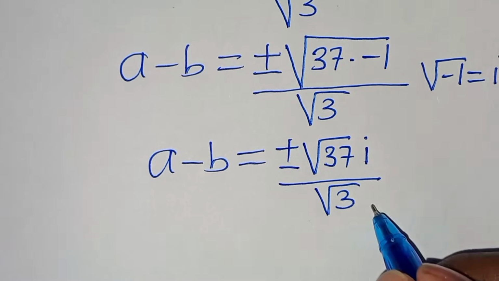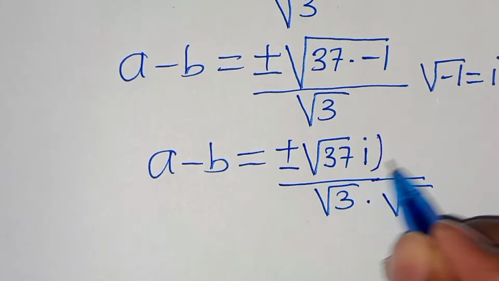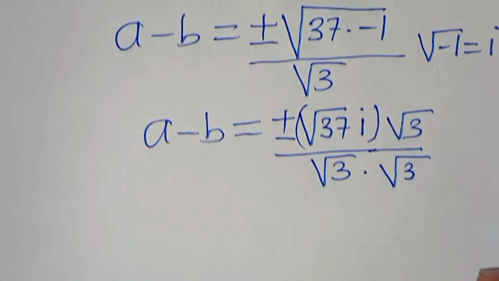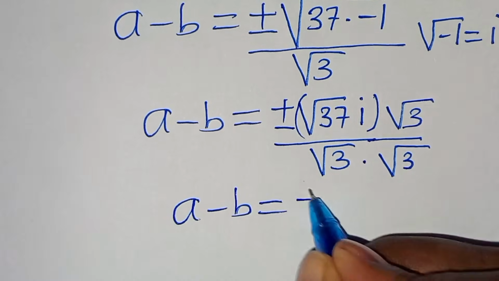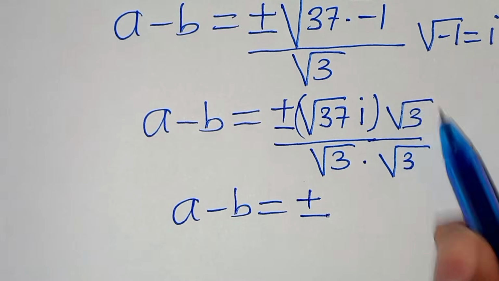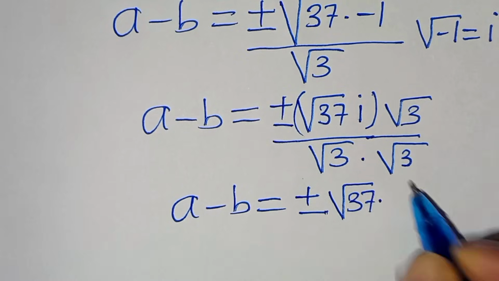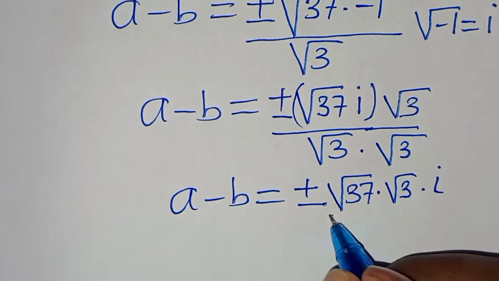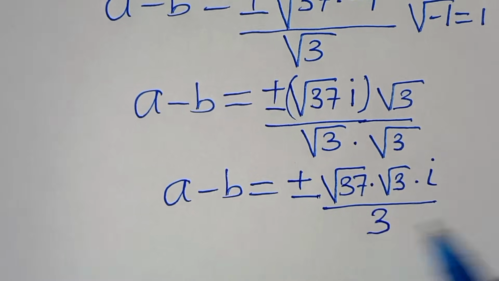The next step is to rationalize the denominator here by multiplying by square root of 3, as well as the numerator. So this means we have a minus b equal to plus or minus square root of 37 multiplied by square root of 3 multiplied by i, divided by square root of 3 times square root of 3, which is equal to 3.